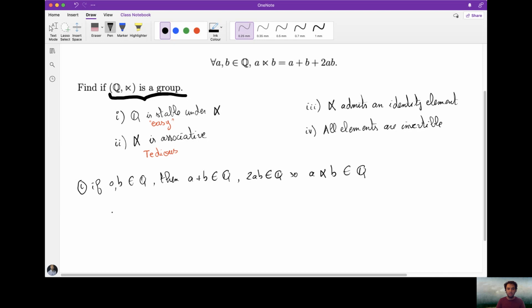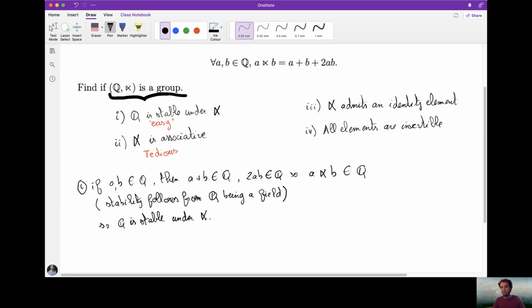Here you could go faster and say the stability follows from Q being a field, if you know what a field is. It means that it's stable under sums of rationals, multiplications of rationals, and all the other properties that a field should have. But that's the only thing we need here. So Q is stable under alpha. That's the first thing to check.